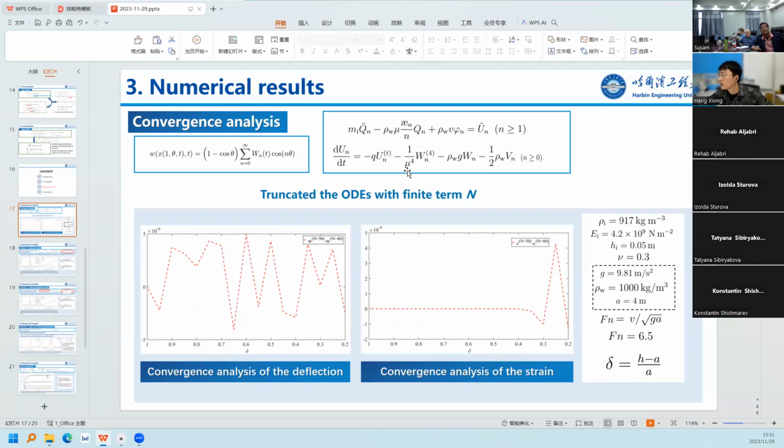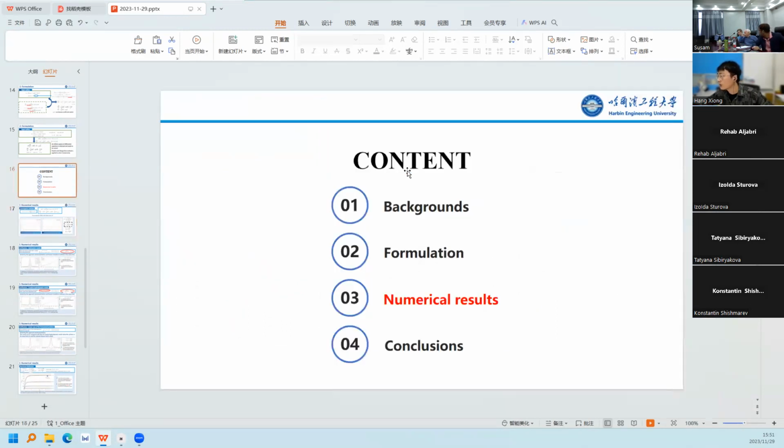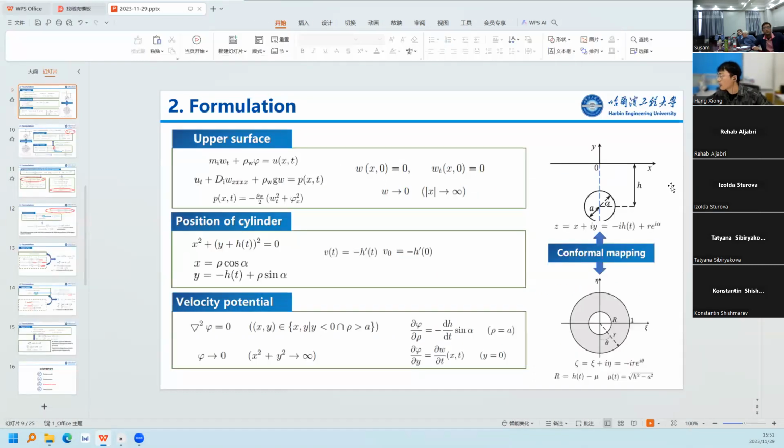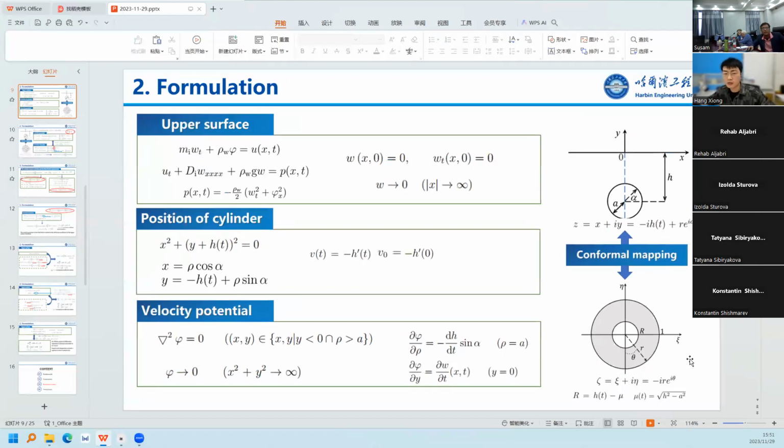What does it represent? Here, H refers to the immersion depth, and A refers to the radius. Mu is defined here. Okay.